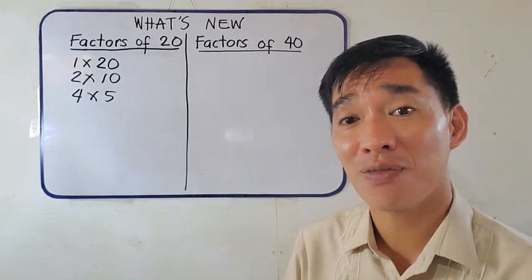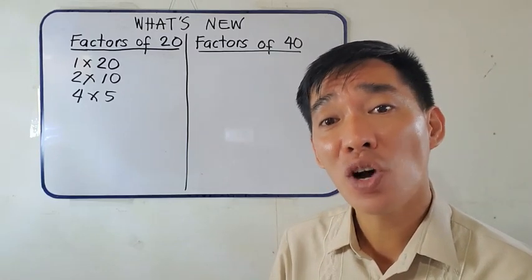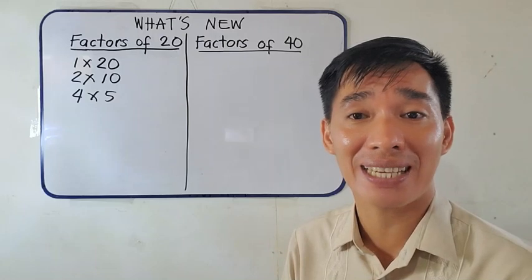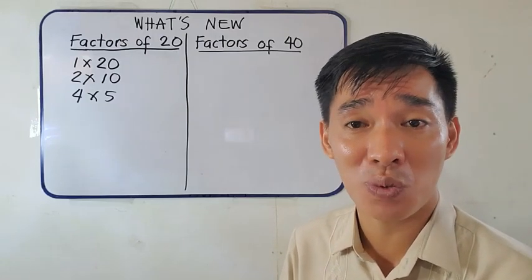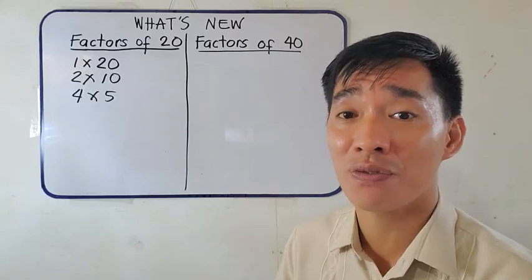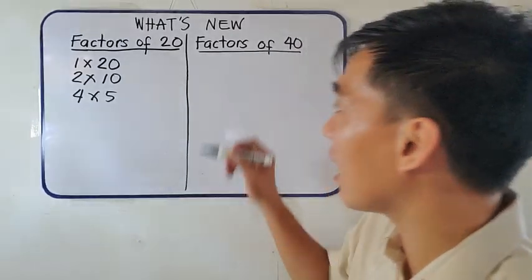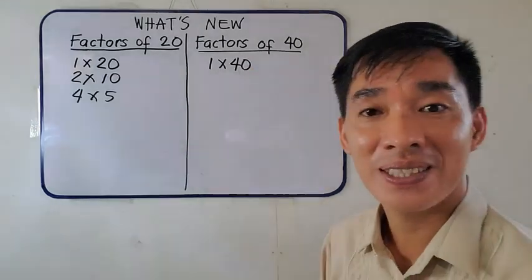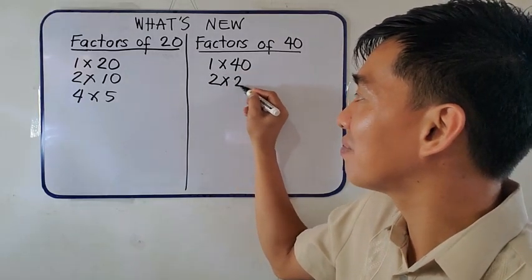Let's try to get the factors of 40. What are the factors of 40? What numbers do we need to multiply to give the answer 40? So, always remember to start with 1 because 1 is a factor of any number. So, let us have 1 times 40. Next one is 2 times 20.